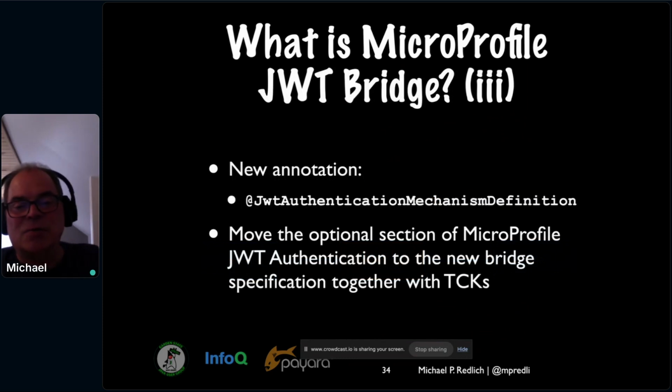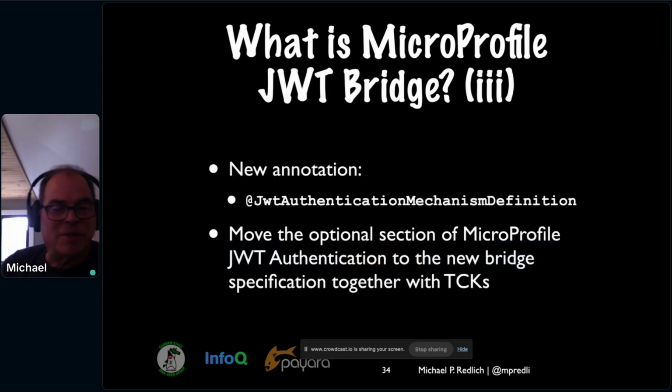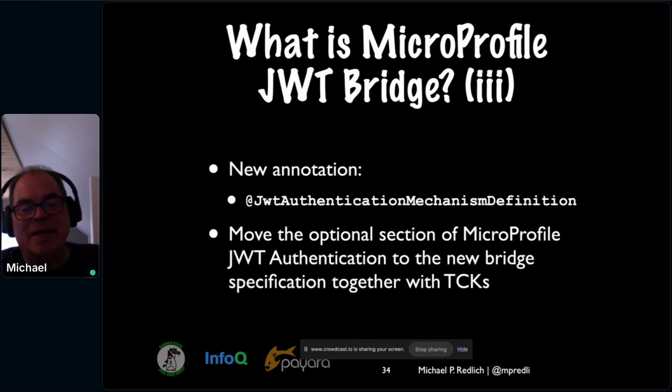There's a new annotation with this very short name of JWT Authentication Mechanism Definition. And the intent is to move the optional section of MicroProfile JWT authentication to the new bridge specification together with all of the TCKs. So I think it has to be implemented.